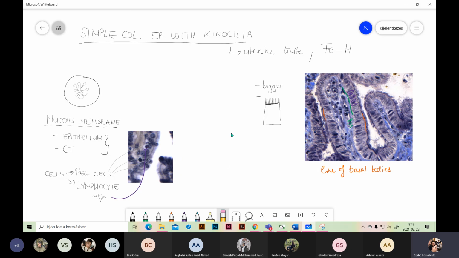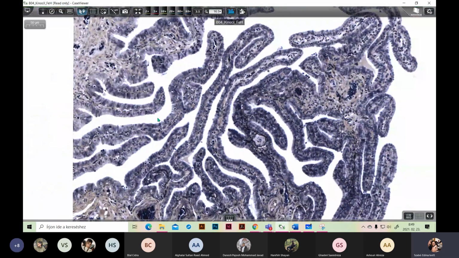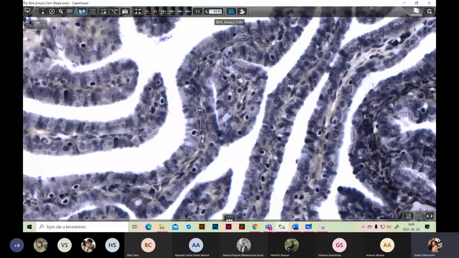And please don't forget, during the hormonal cycle the number of PEG cells and also the height of epithelial cells could change. Okay. And I have some questions. Please tell me which type of cell this is that I'm showing.